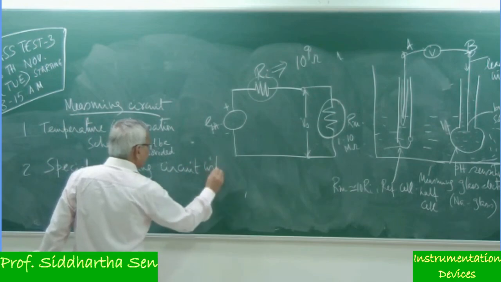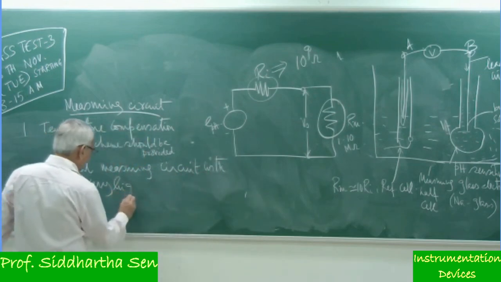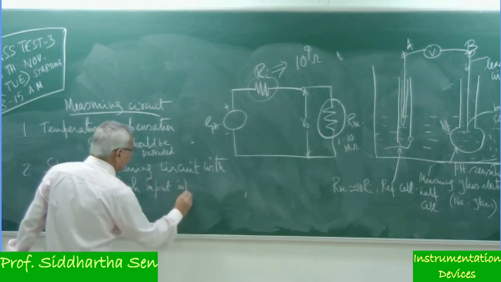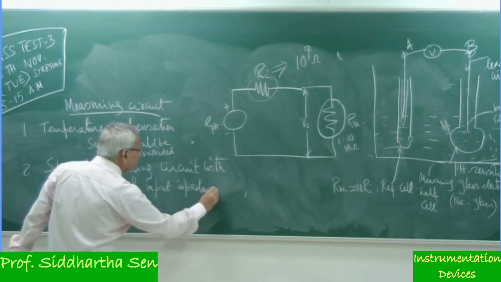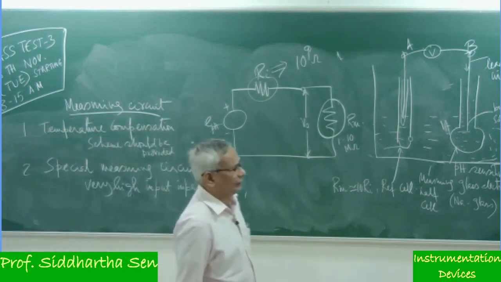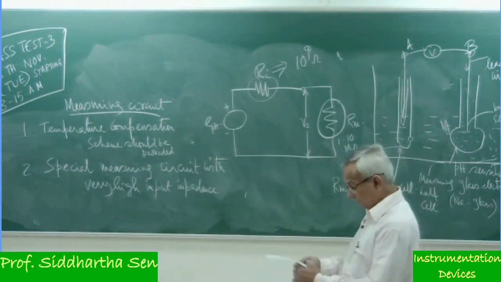with very high input impedance. That means it should be in the range of at least 10 giga ohm or more. That is a big problem there.